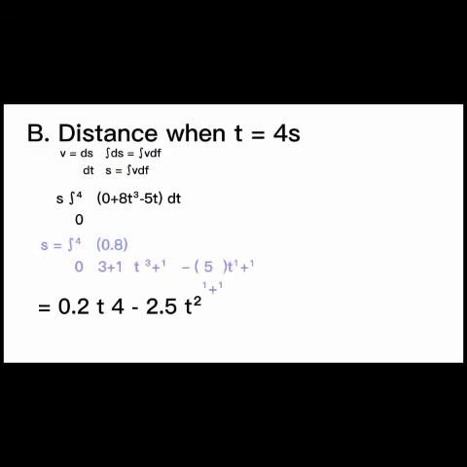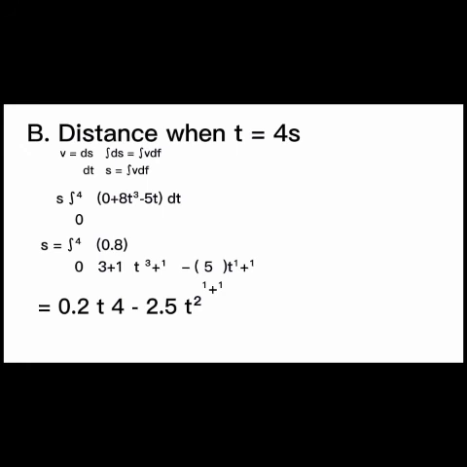So for the value of 0.8 over 3 plus 1, we will get 0.2, then t to the 3 plus 1 is t to the 4, minus 5 over 1 plus 1, which is 2, then we will get 2.5, multiplied by t, 1 plus 1 is 2.